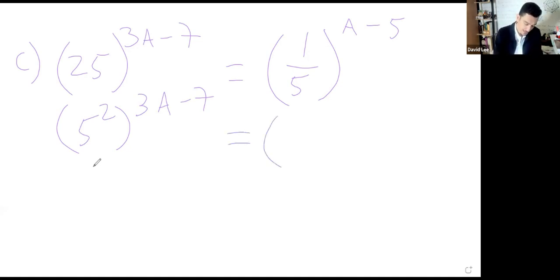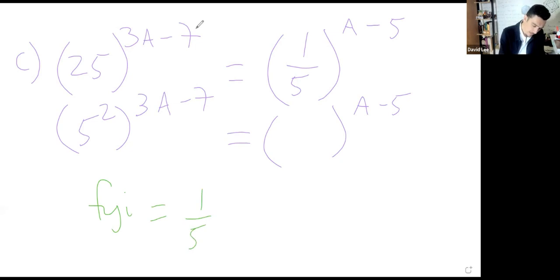And on this side, instead of writing 1/5, remember as a quick FYI that 1 over 5 is the same as 5 to the negative 1. It's one of our properties from algebra. So I'm going to write 1/5 as 5 to the negative 1.